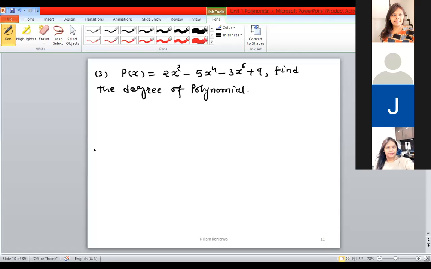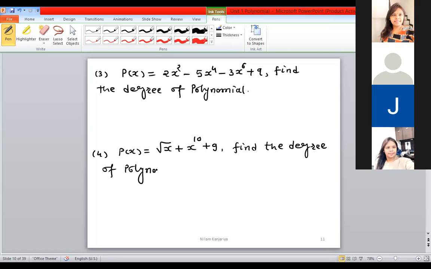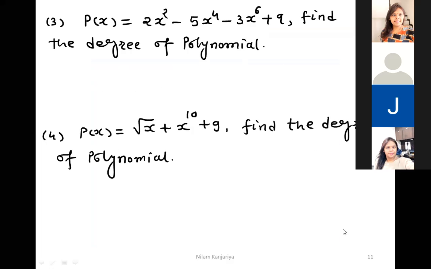And the fourth number is on your screen too. Could you tell me the degree of the polynomial for both 3 and 4?